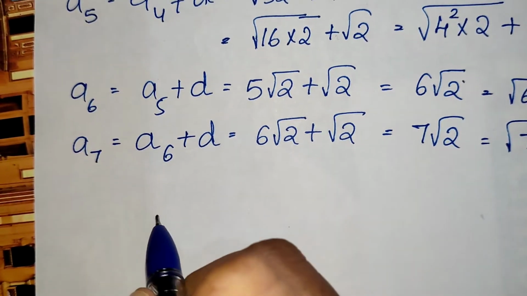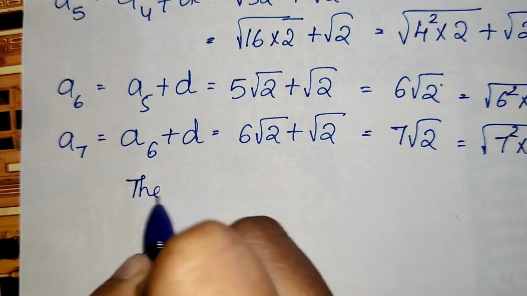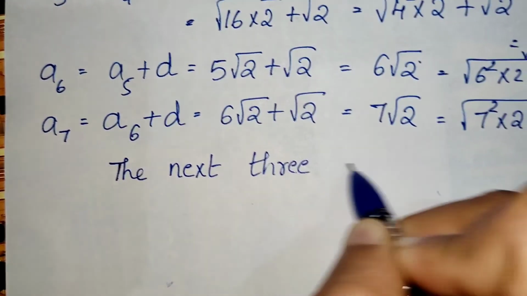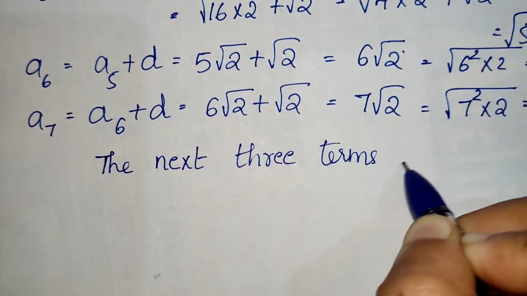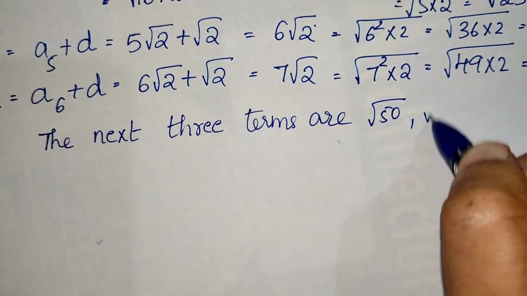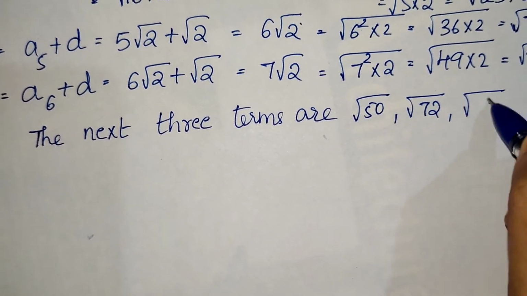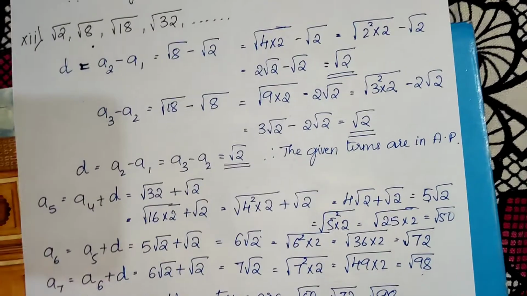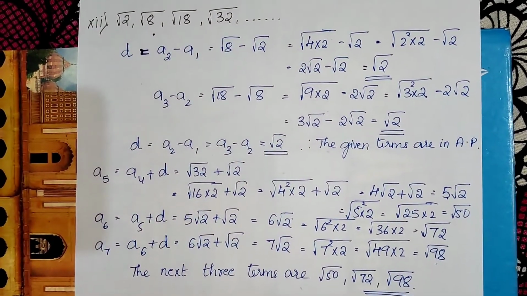So the next three terms are root 50, root 72 and root 98. So this is all about your 12th problem.